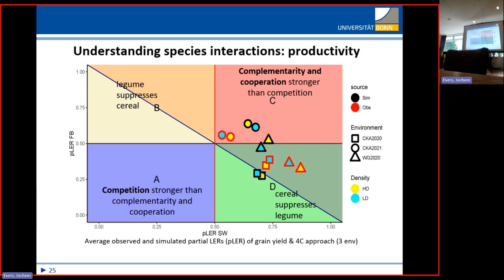Yeah. So what you see here is that the model has problems simulating density effects. Yeah, that is true.